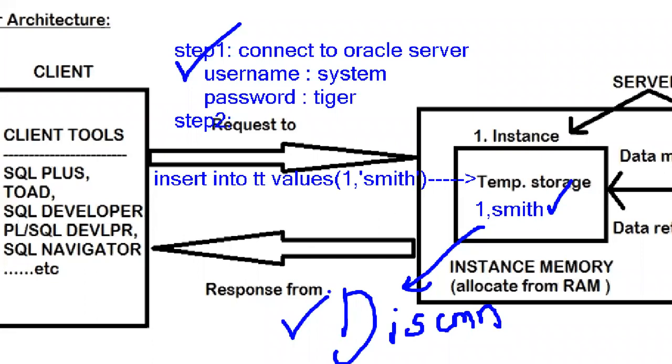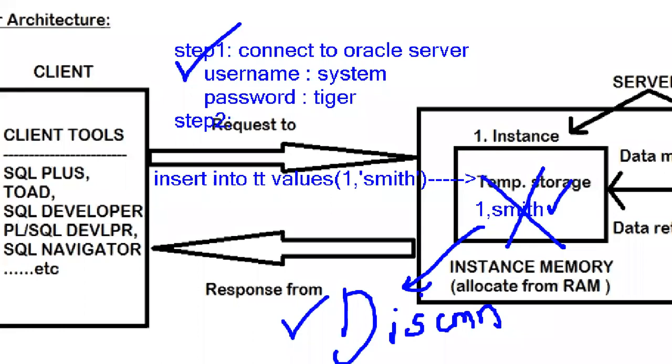At the time of disconnection, your data was in the instance memory, so this data will also be destroyed, because your data is not in the database memory; it was in the instance memory. So once your data is in the instance memory and the user suddenly disconnects from Oracle, the entire data will automatically collapse.